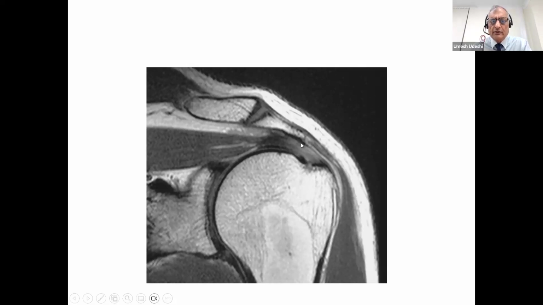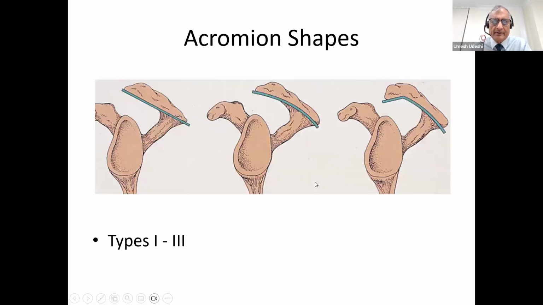So that means it's been squashed, it's been squeezed, there's impingement. So this is showing us impingement. Now, all tendons should be black on MRI. And here we've got gray rather than this sort of black color. So that means there's increased signal. That means there's tendinopathy. So there's impingement and tendinopathy of this distal supraspinatus tendon. So you lose the fat stripe with impingement.